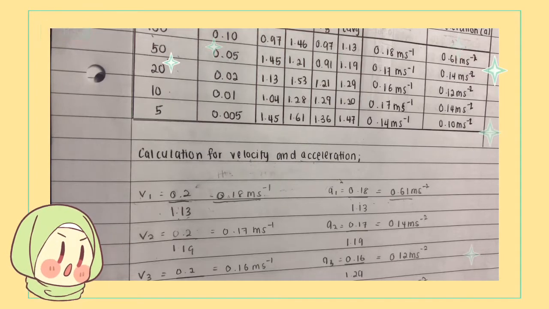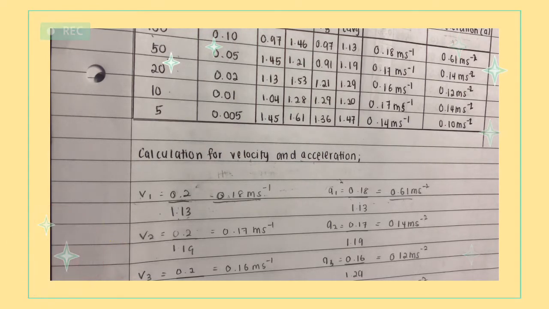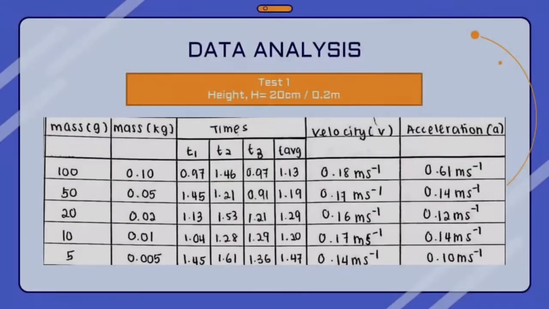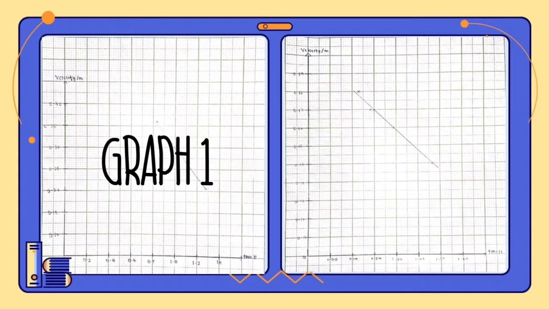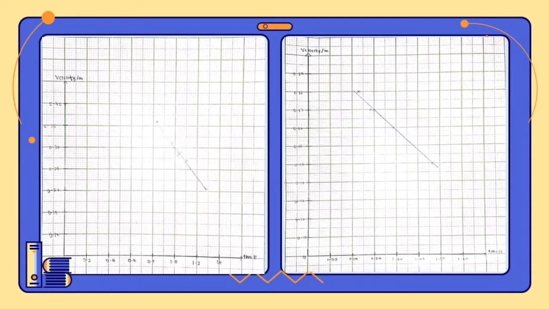So keep doing the same thing as I showed you for test 1, and calculate the numbers and put them inside the table. Here we have both of the data analyses for the tests. The first graph, the second graph.